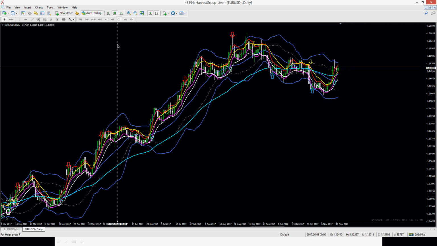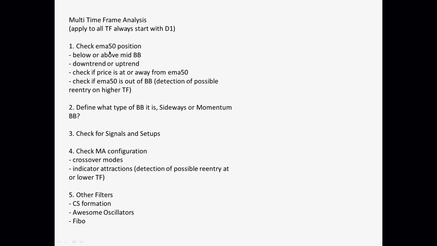Okay. What I'm going to do is use my own SOPs when it comes to multi-time frame analysis. What I usually do is open up the daily time frame first. The first thing we need to look at is where the MA50 is.